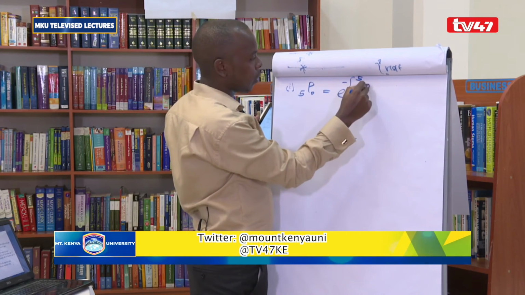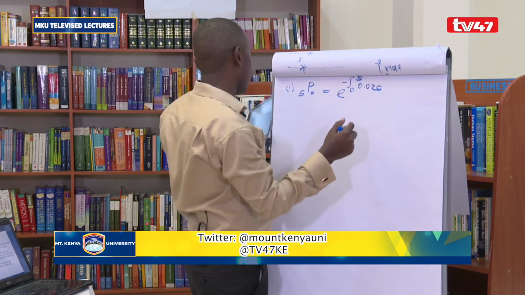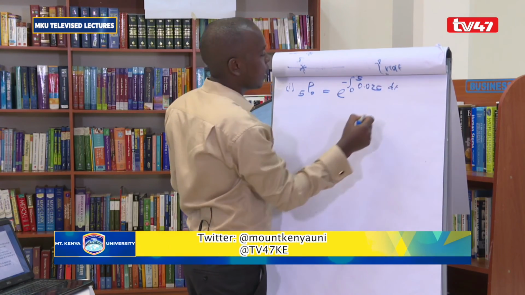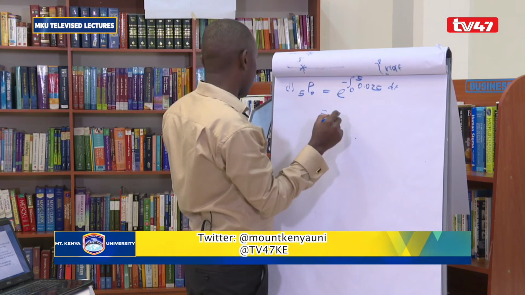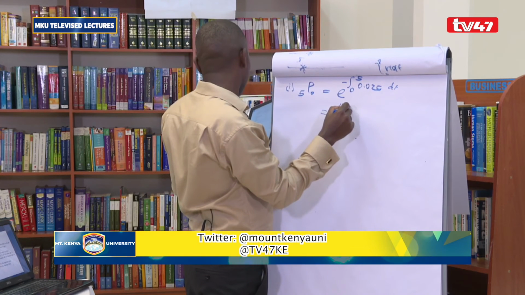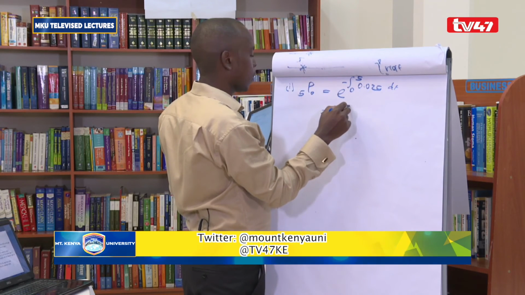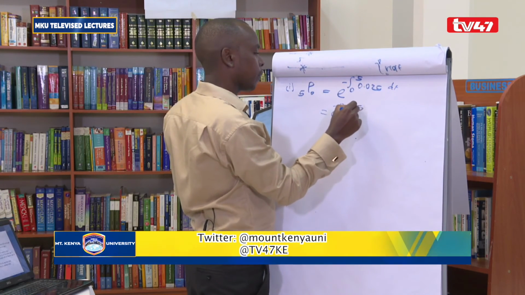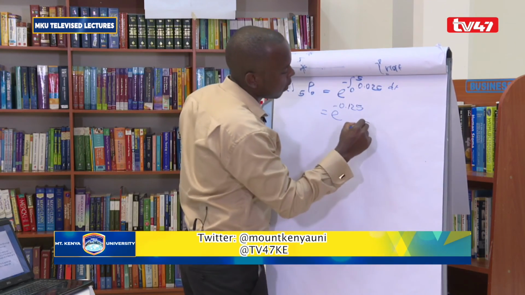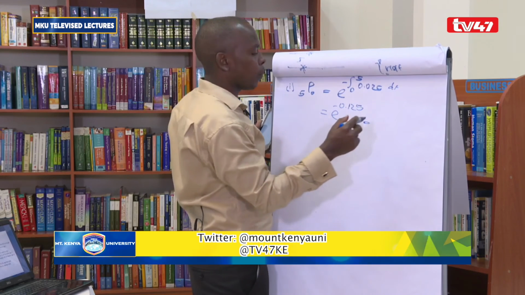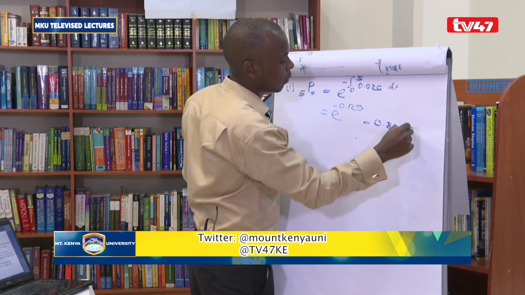of 0.025 dt, and this is given by e to the power negative 0.125, and computing that, this is approximately 0.88250.